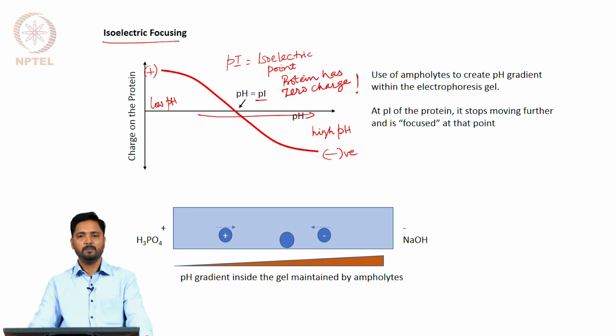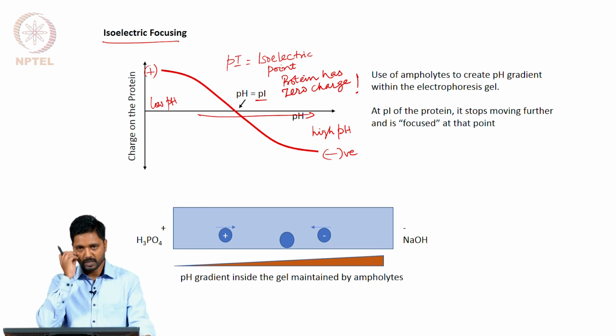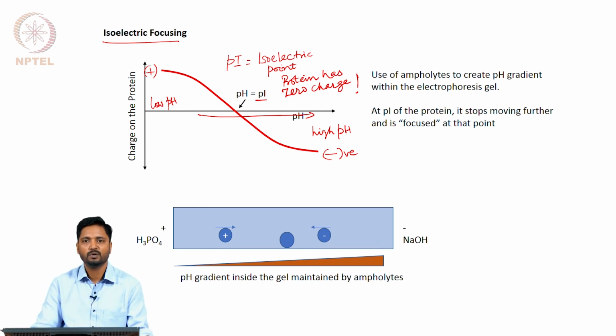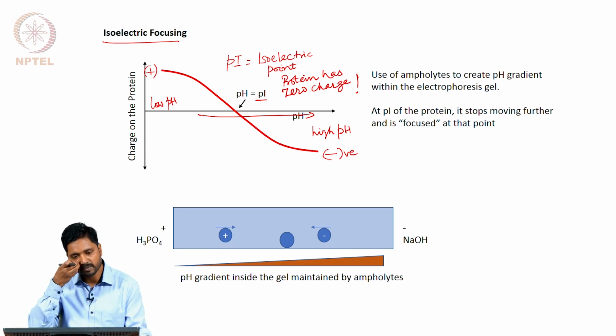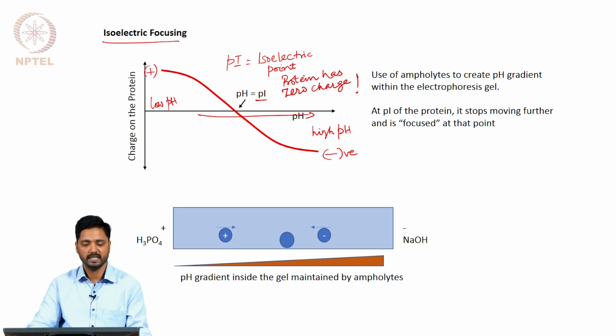Now, any particle, if it attains a zero charge, it will have no particular inclination to move under an electric field, and this is the concept that is exploited in isoelectric focusing.